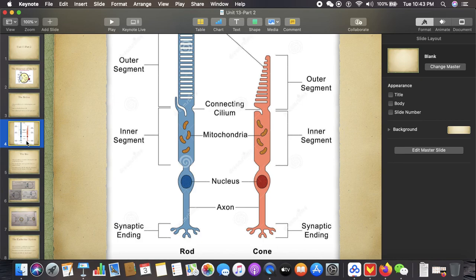Now, in bright light, the iris gets bigger so that the pupil is pulled smaller in order to let less light get into the eye, to prevent damage to the retina. When this happens, the circular muscles in the iris contract and pull the iris thicker.